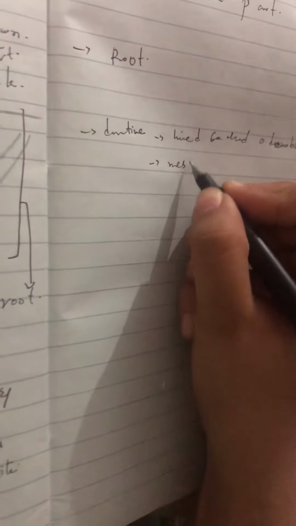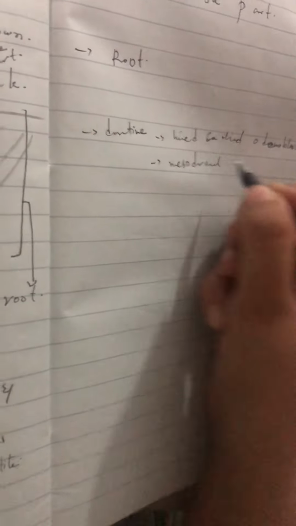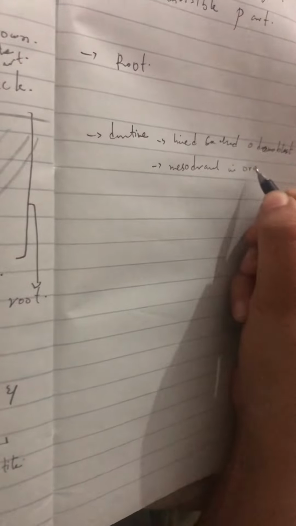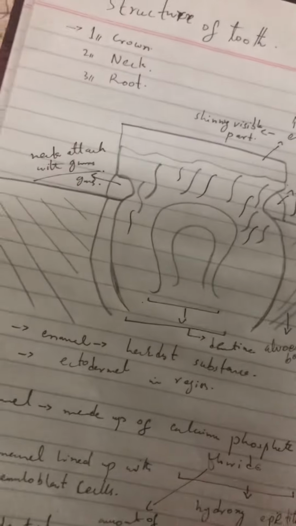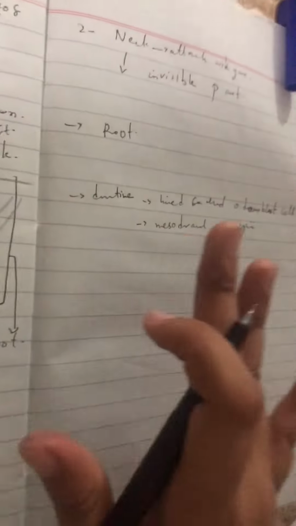This is mesodermal in origin, as the enamel was ectodermal in origin. This dentine is made up of calcium salt. Enamel was made up of calcium phosphate and fluoride, and dentine is made up of calcium salt.